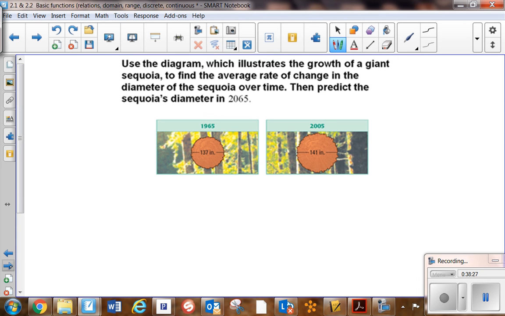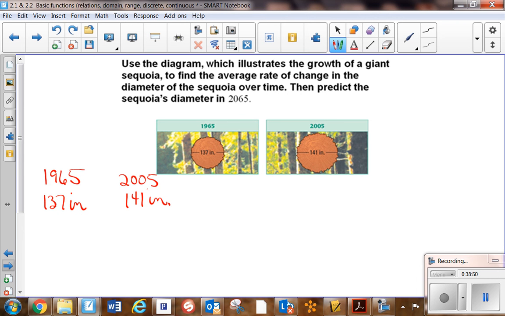All right, let's say we got a sequoia tree. In 1965, its diameter was 137 inches. You're one of those tree people that likes to study trees. In 2005, you measured it again, and it was 141 inches.